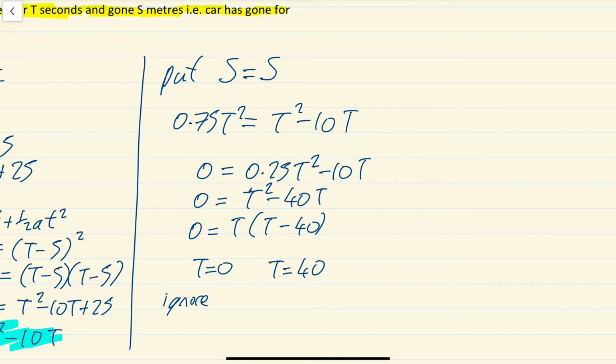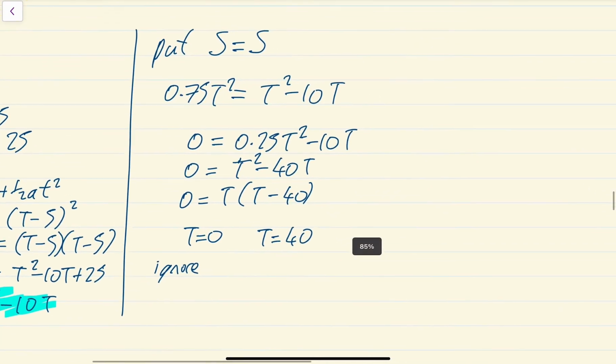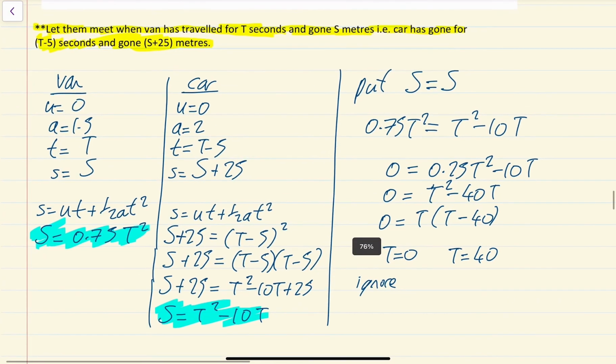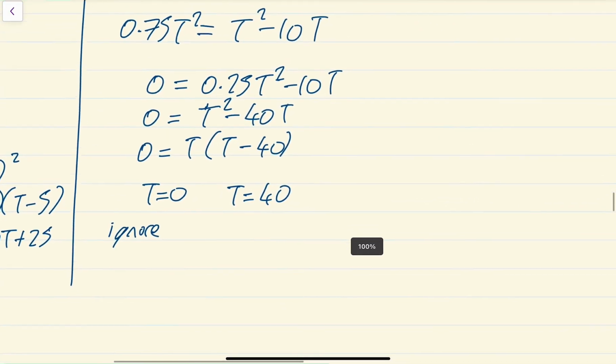And so your answer. So that means big T was what? Big T was the length of time that the van.